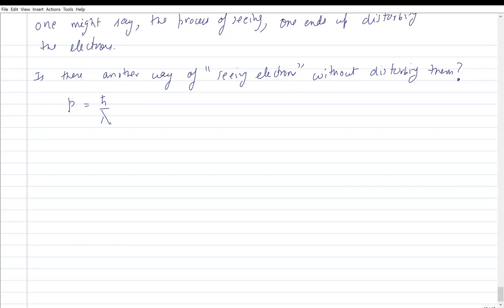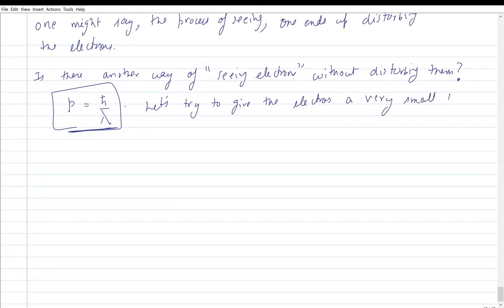And then let's try to give the electrons, sorry, this was the energy of the photon, a very small kick. That means the wavelength of light I am working with is very large.